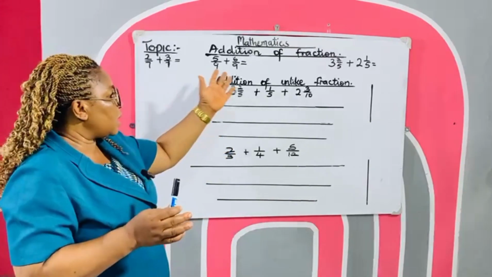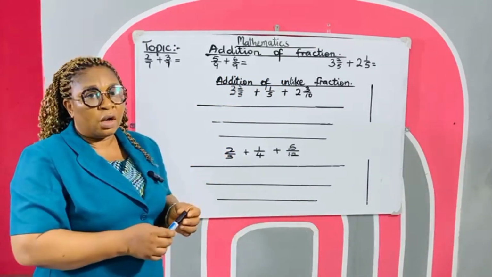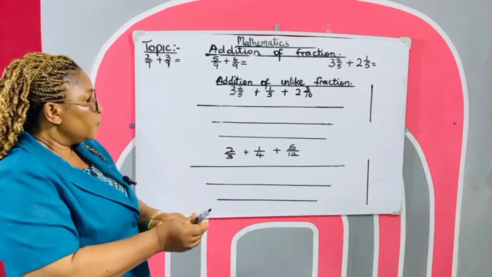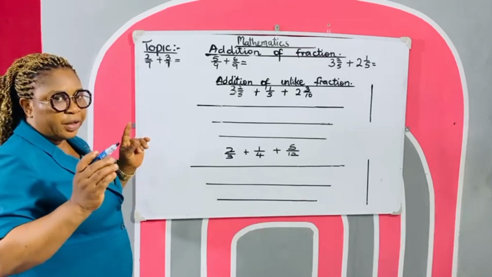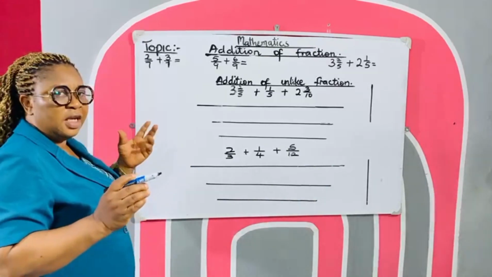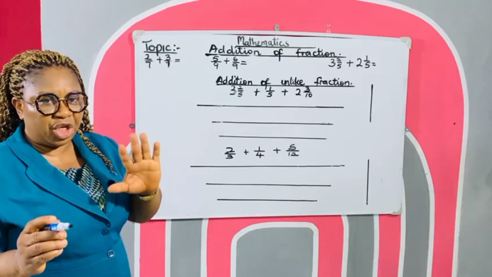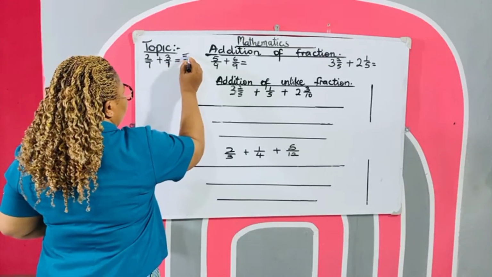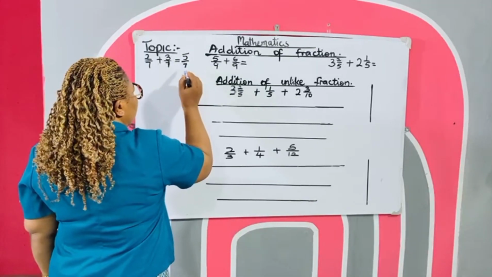That's why I want to show it here before I go into unlike fractions. In like fractions, you add the numerators while the denominator remains the same. The denominator doesn't change. So 2 plus 3 will give us 5, and the denominator remains the same.